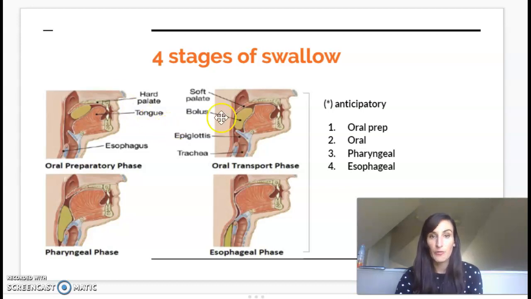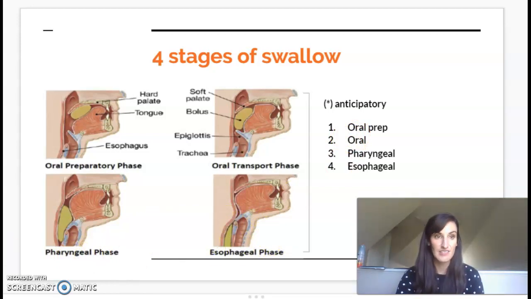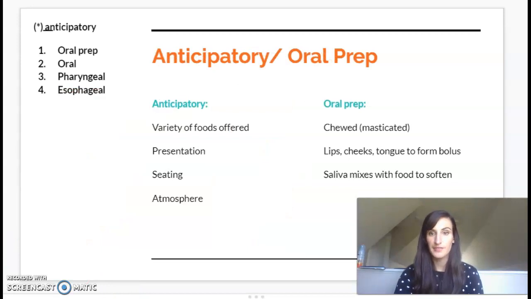And then the oral transport is where it's moving towards the back of your throat. Then the pharyngeal phase moves down into the pharynx, then the esophageal phase into the esophagus. Okay, so not overcomplicated in that way so much.